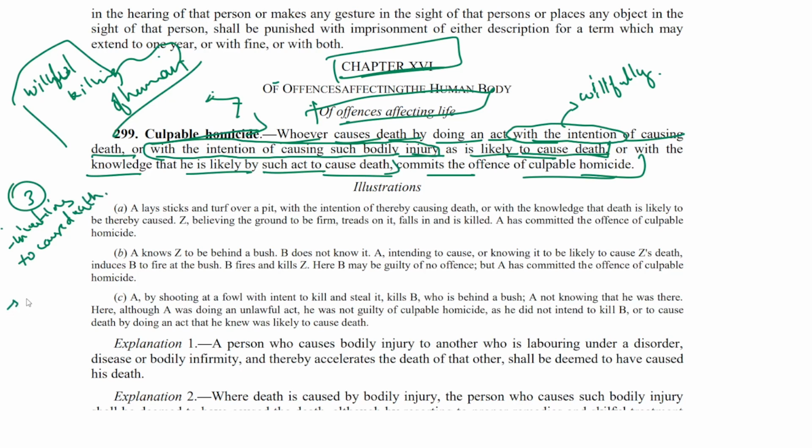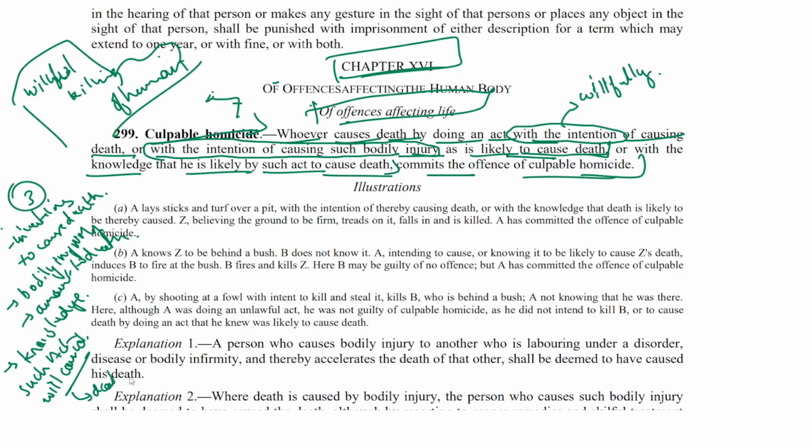Then you have bodily injury that will amount to death. And then you have knowledge that such act will cause death. Commits what? They commit culpable homicide.